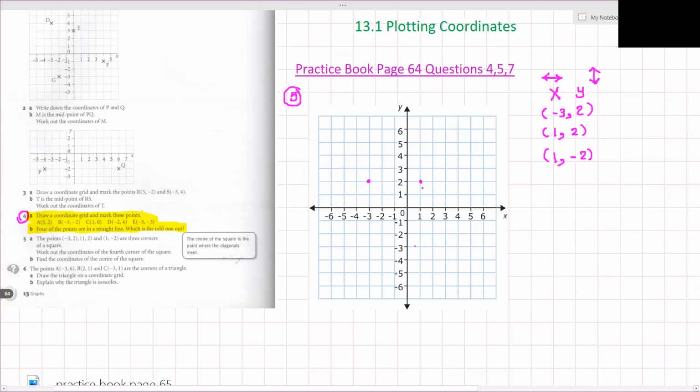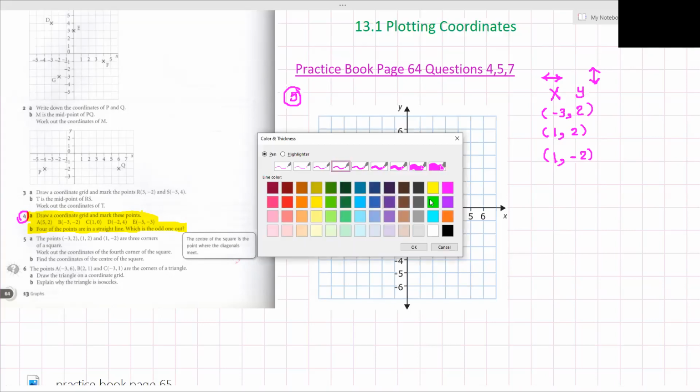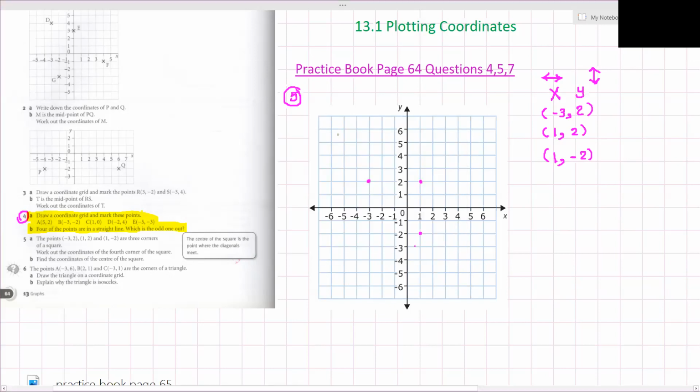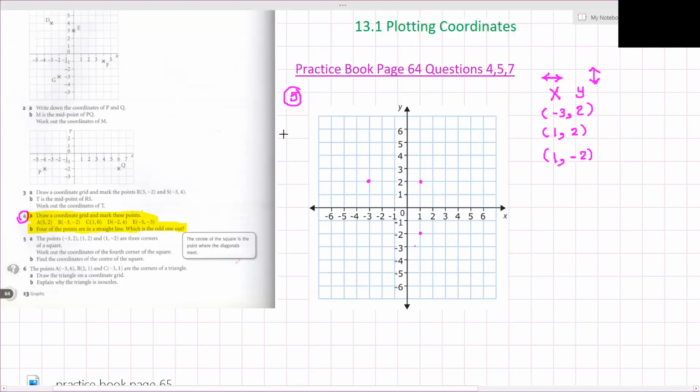This is the second point. The third point, 1 and -2. So this is the third point. We can join them together with a line.